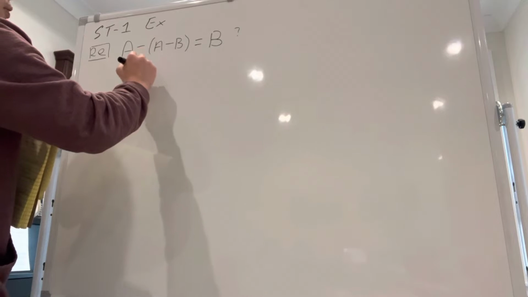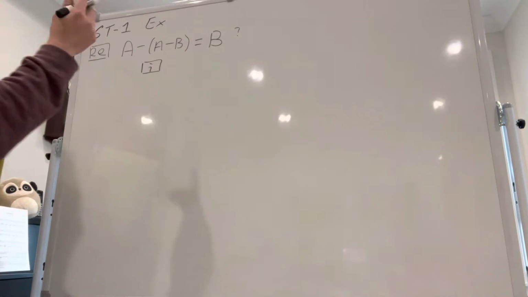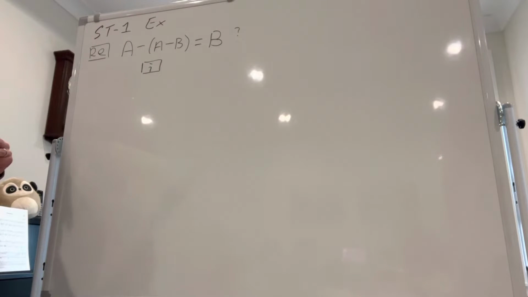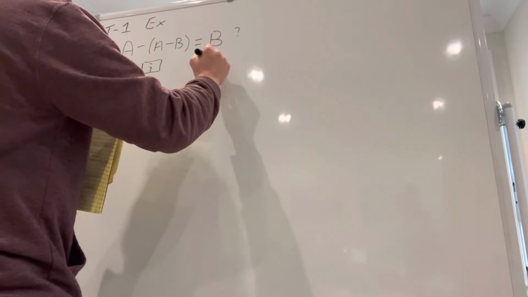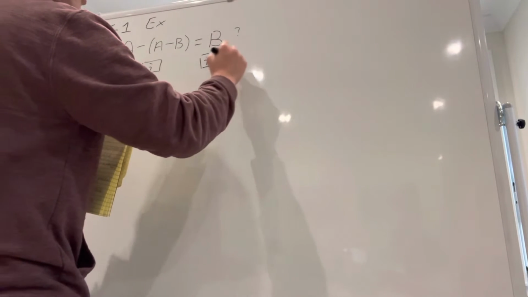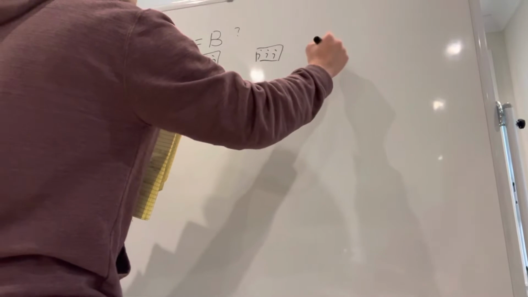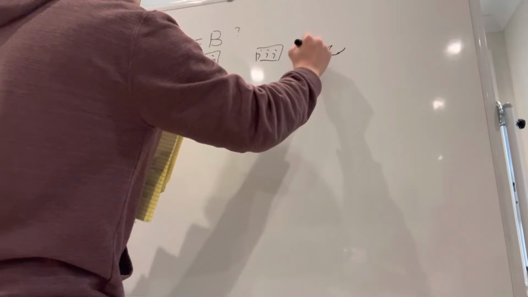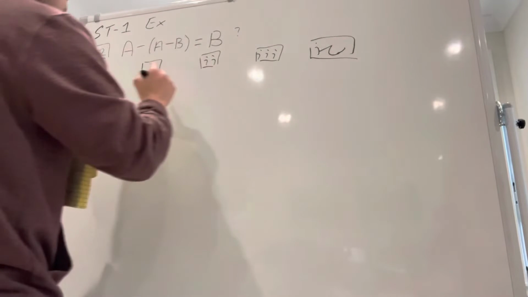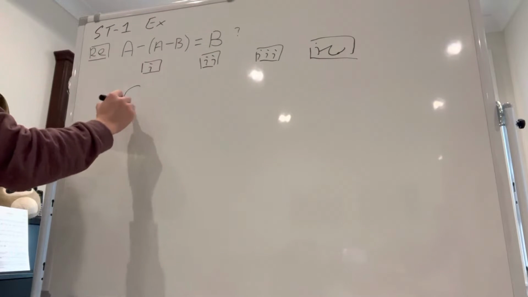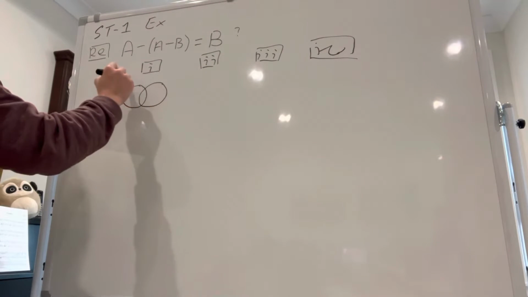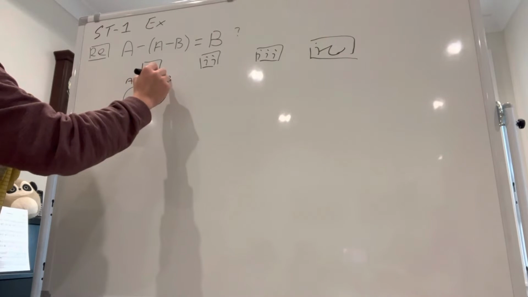Remember in first class, we said if you are given two sets, A and B, in general, there are four possibilities. The first one is the most complicated one, where A and B overlap a little.